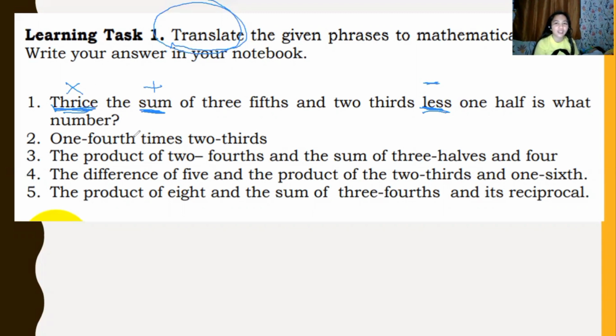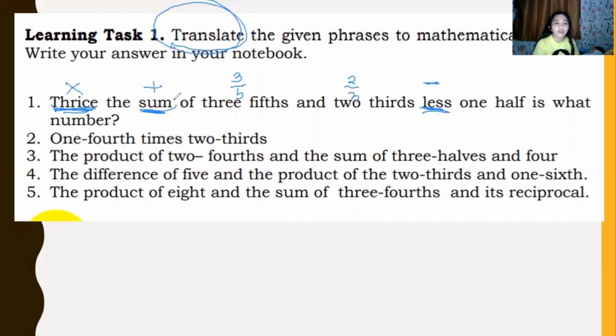Let us read the word phrases. Thrice the sum of 3 fifths and 2/3 less 1/2 is what number? Ulitin natin ha. Thrice the sum of 3/5. Isulat na natin yung 3/5. And 2/3 less 1/2 is what number?